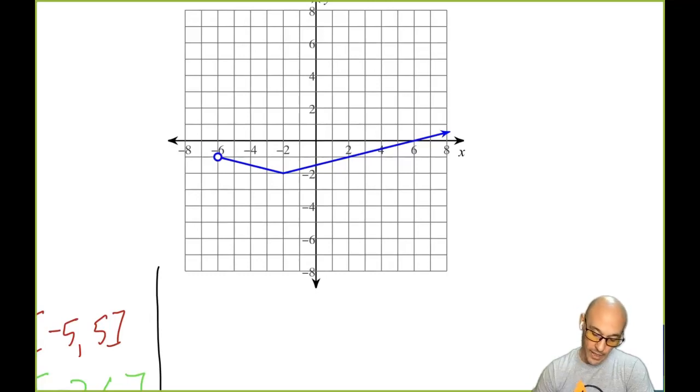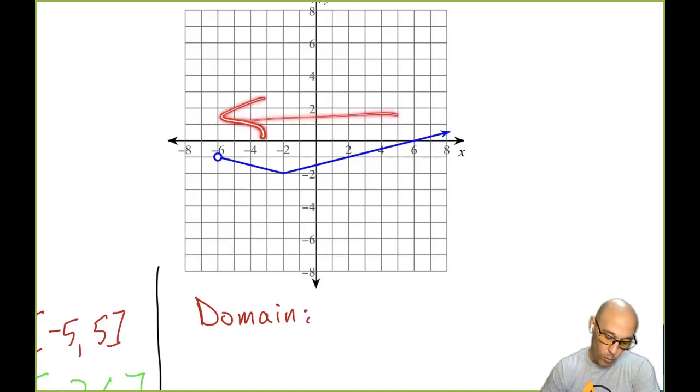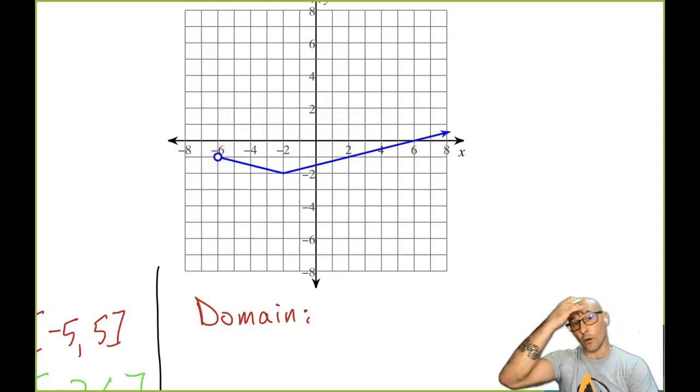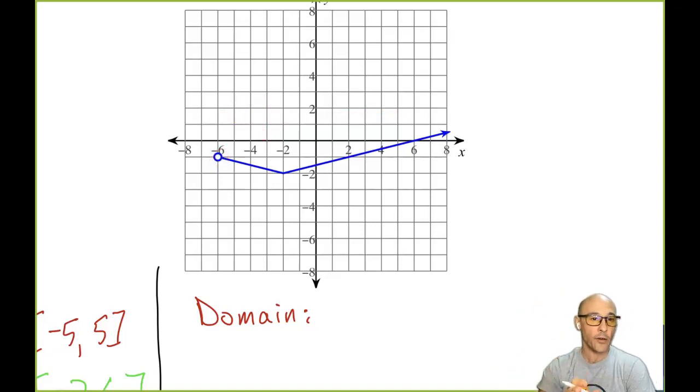All right, the domain here for this one is nice. I like this because you can see that the furthest point to the left is this point right here, and it's an open circle, which means that the x value of -6 is not part of the relationship, but everything greater than negative 6 is.